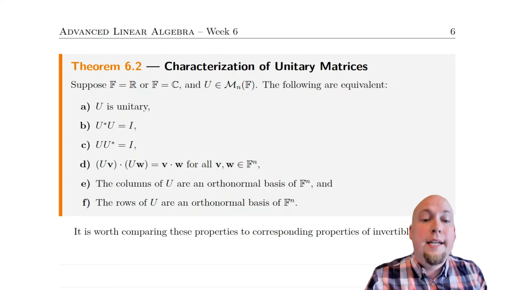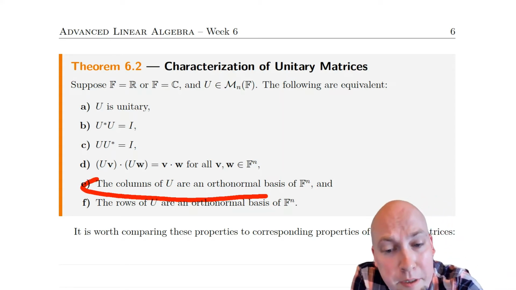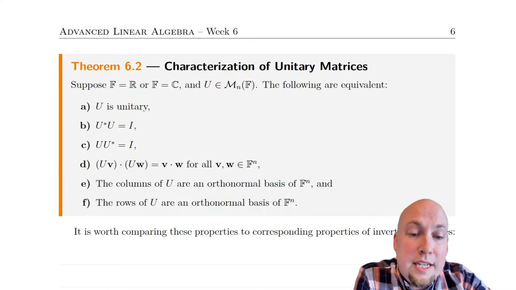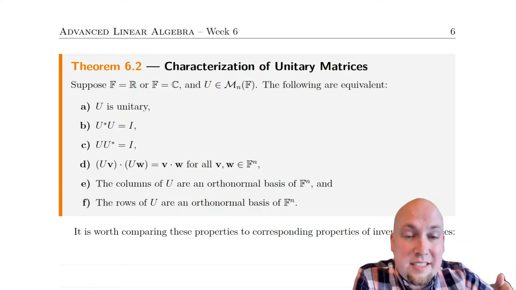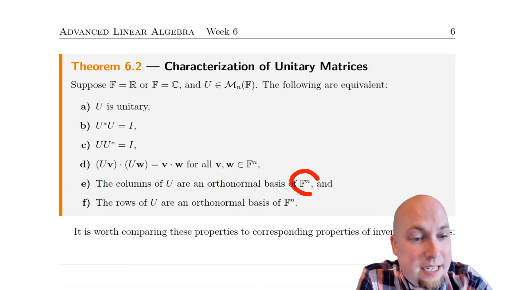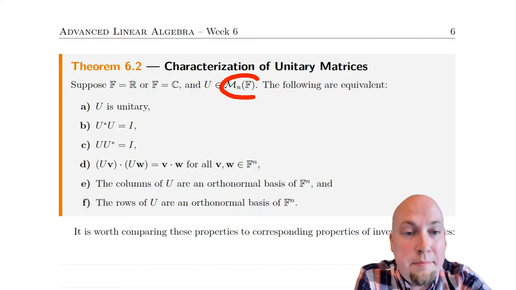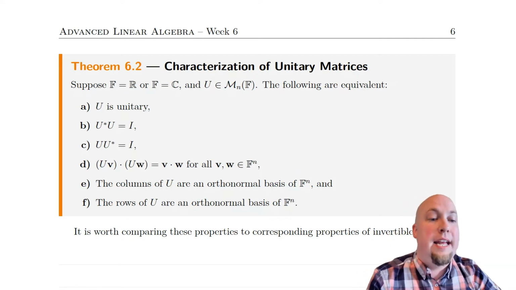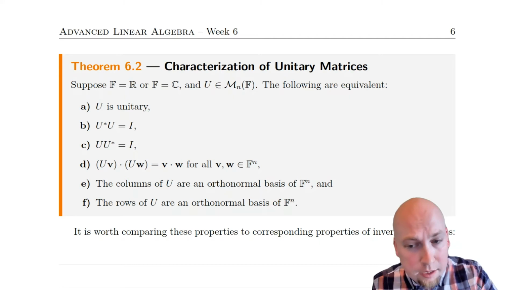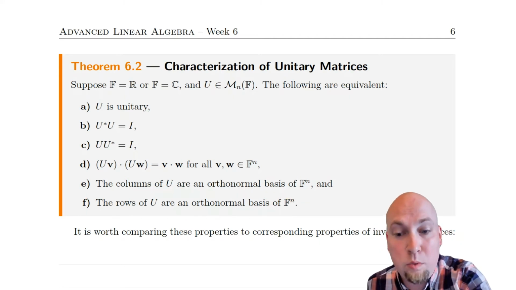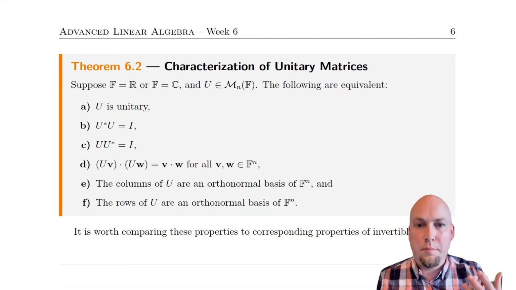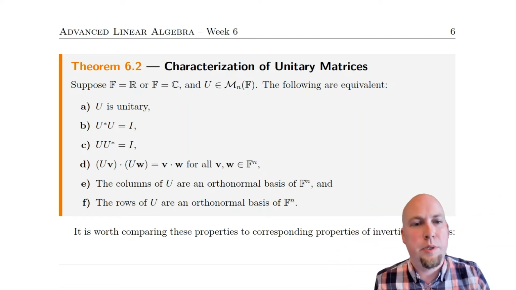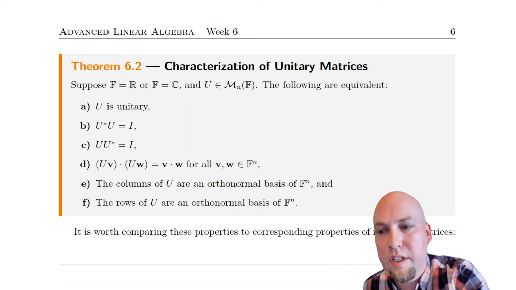Property E says that your matrix is unitary if and only if its columns form an orthonormal basis of the vector space that it acts on as a linear transformation, right? It's an n by n matrix, so it's a linear transformation acting on F^n. Property F says the same thing except with rows of the unitary matrix rather than columns. So those are all equivalent to each other. If one of them happens, all of them happen.